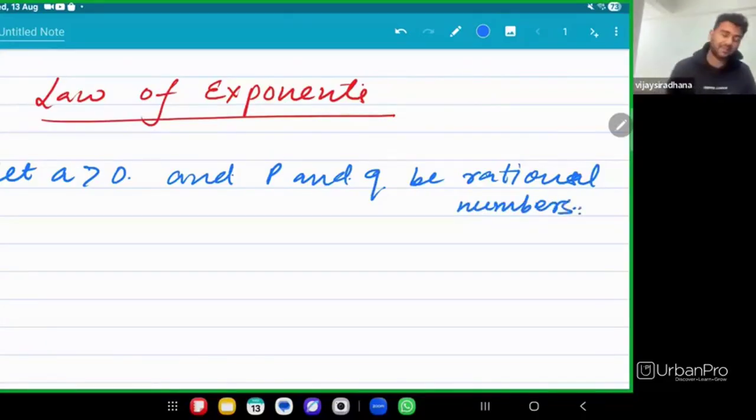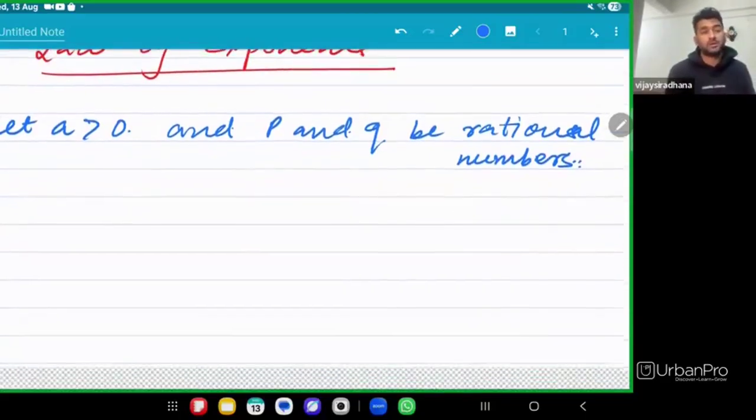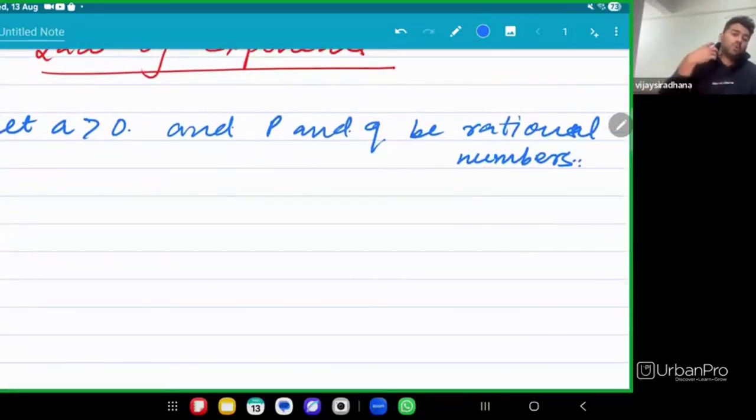Now, if this is given, then there are a few laws of exponent which you should follow. The first law of exponent is: suppose there is a number a with power p, and it is multiplied, and multiplication is given by the dot also.